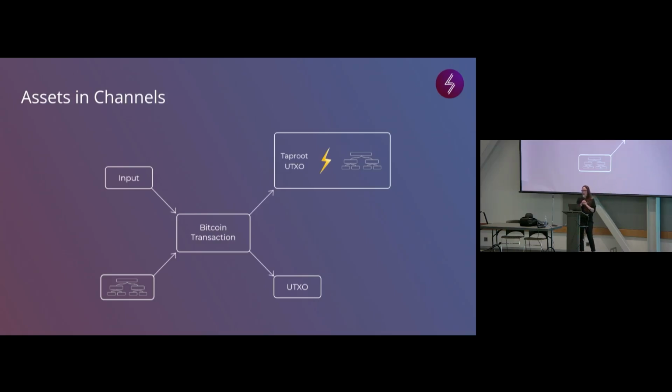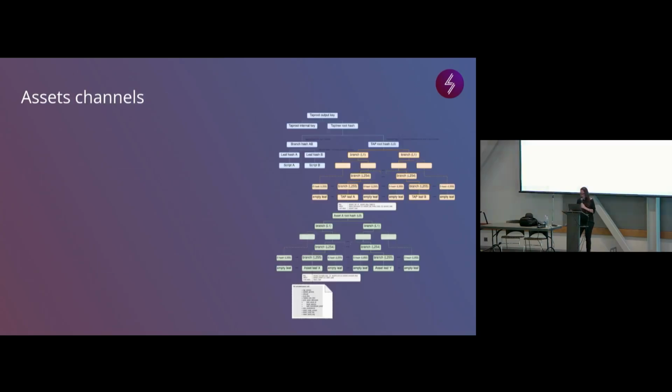So we're going to look at this from a couple of different angles. I have lots and lots more pretty pictures for us to look at. All right, so these are unannounced Taproot channels, because currently Taproot channels are not gossiped. So these are unannounced Taproot channels that this happens in.